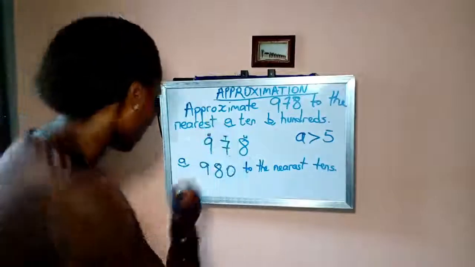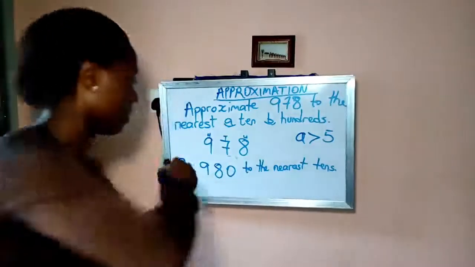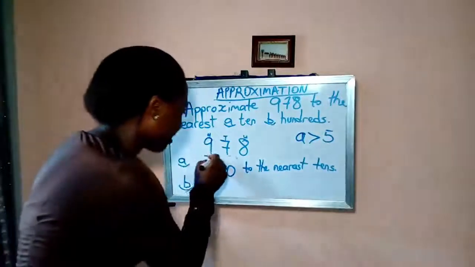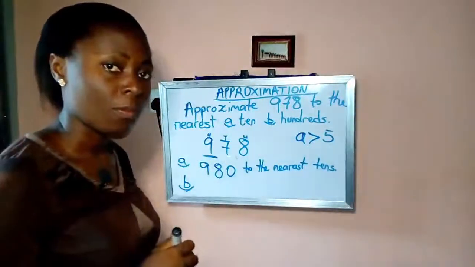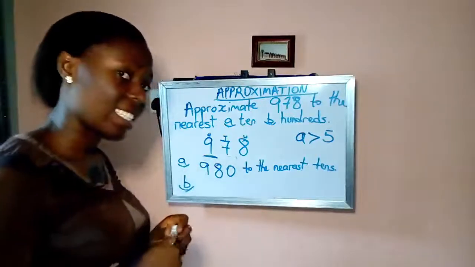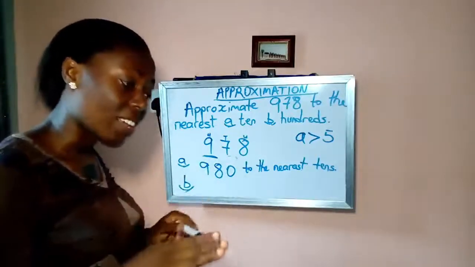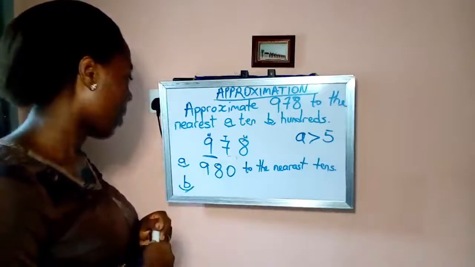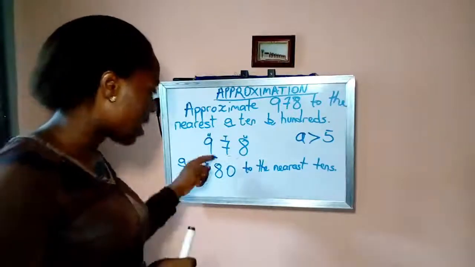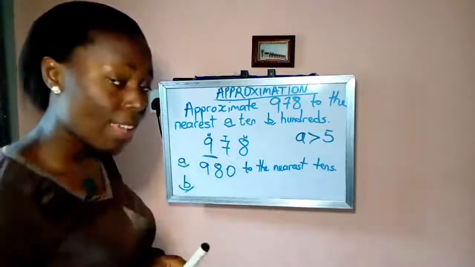Now the question says to the nearest hundreds. What number is in our hundreds position here? It is this 9. This is our focus. Okay? We have 9. This is very, very interesting. Okay, now looking at the number directly behind 9, what is it? 7.